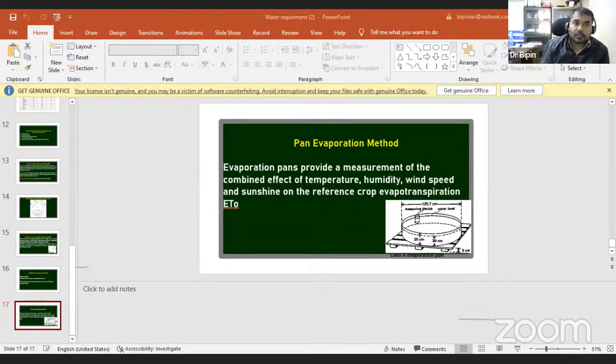It enables the farmers to schedule water rotation among the various fields to minimize crop water stress and maximize the yield. Suppose you have a variety of crops in your farm or field.